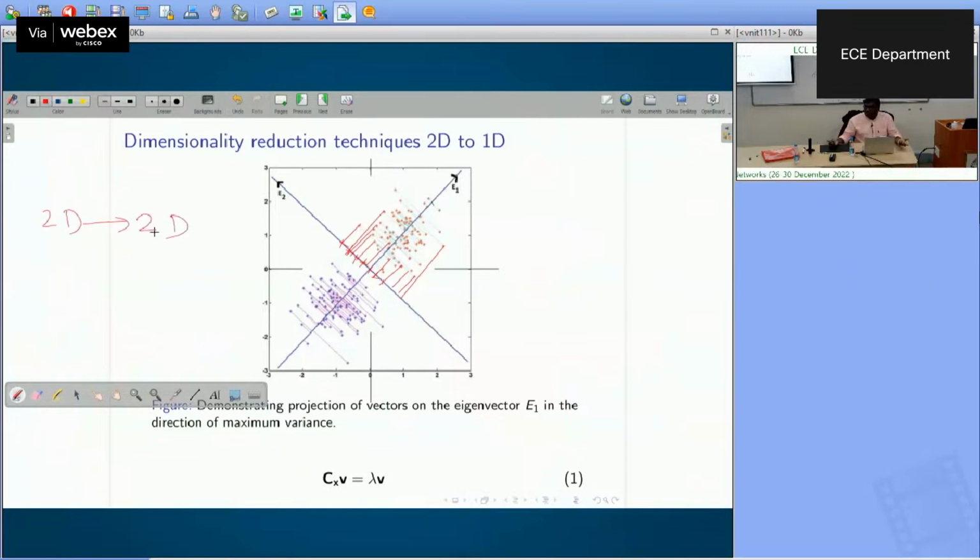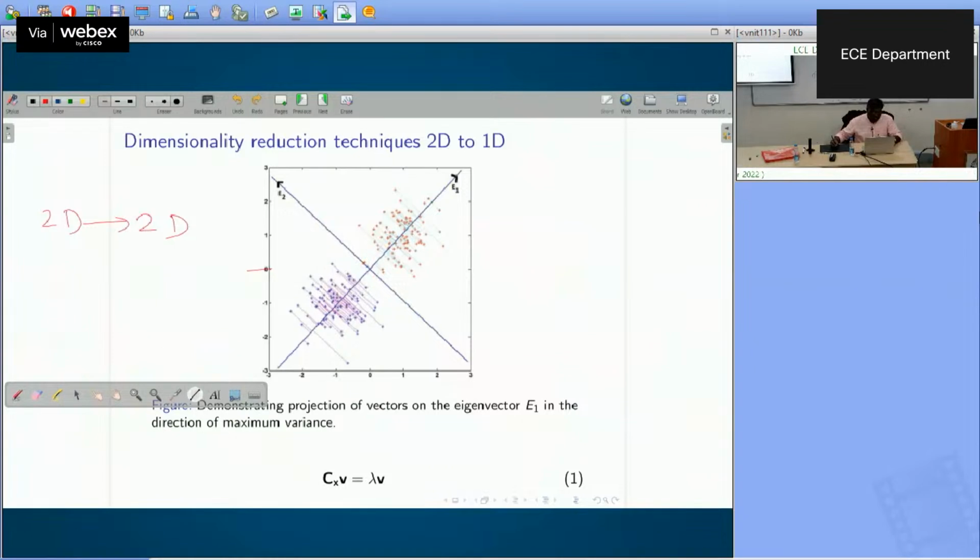What is the advantage of representing the same data by projecting on E1, E2 rather than projecting on the standard coordinates? Any guess? Variation means how far it is getting deviated, right?